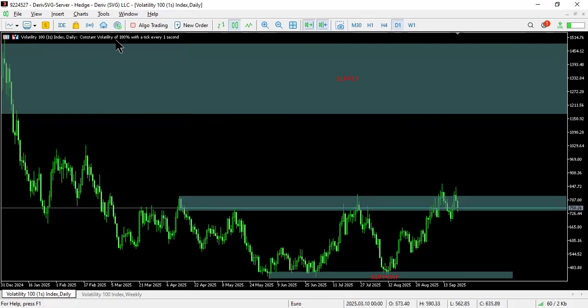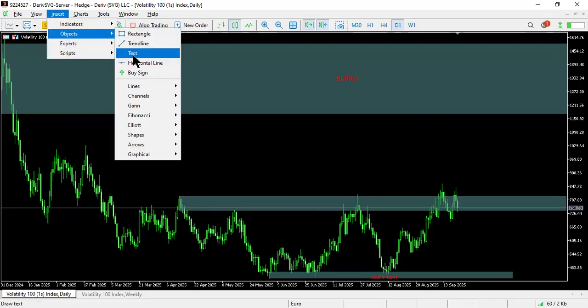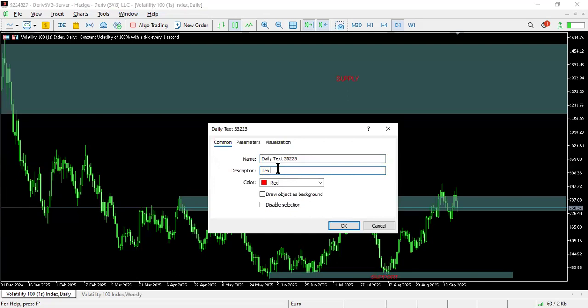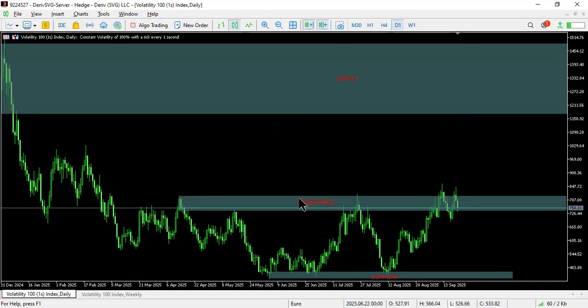Price is reacting from that resistance level. And then we can mark our resistance.